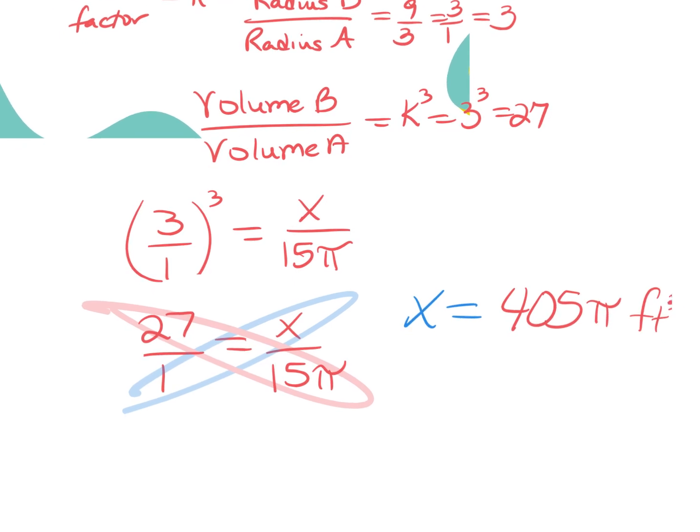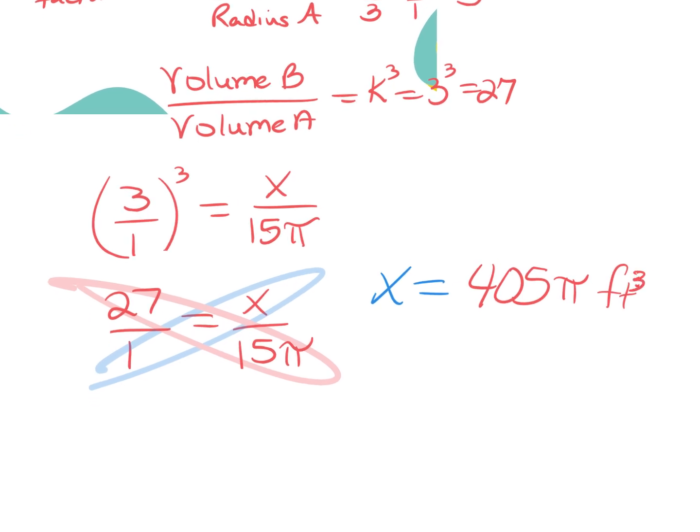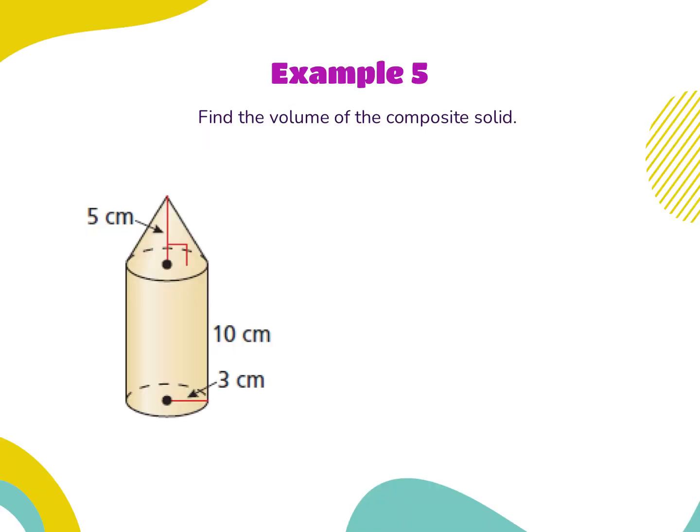Now, if it says to round to the hundreds place, then we have to multiply 405 times pi, and we get 1,272.35 feet cubed.